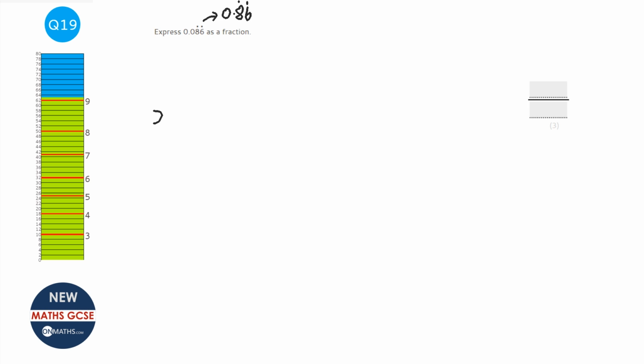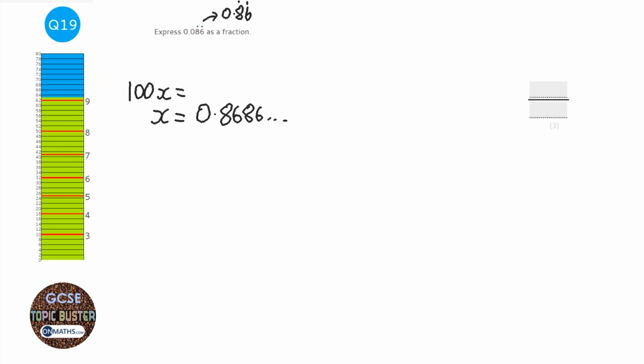Okay, so way of doing this is get x equal to 0.8686 blah blah blah recurring. Now we need to bring that 86 in front of the decimal point, so I'm going to times it by 100. So I'm going to work out 100x is 86.8686 blah blah blah. And then what you do is you just take away going downwards. The reason we do that you will see in a second.